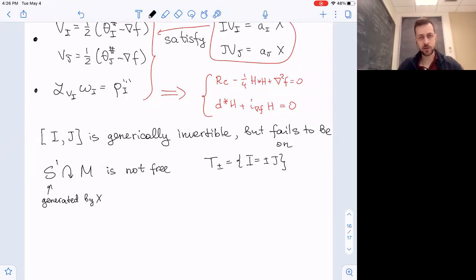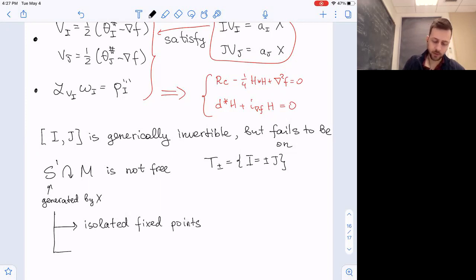There are several phenomena here which occur. So it happens to be not free in several ways. Of course, as in the Hyperkähler case, it's not really something new. There might be isolated fixed points. So this is not really a big deal.